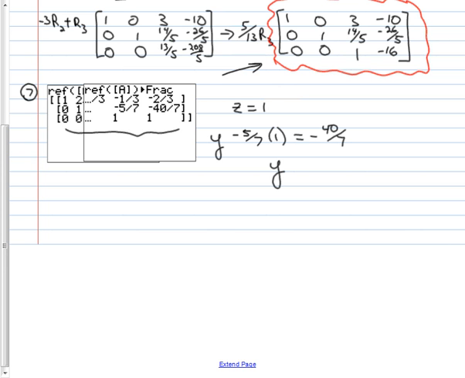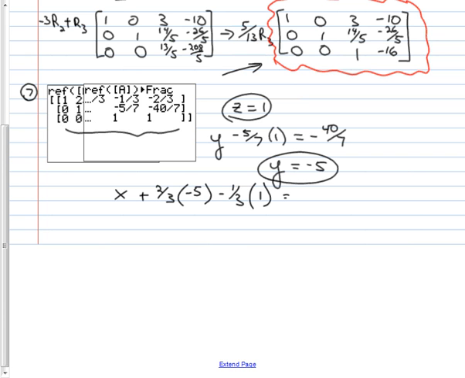Okay, so we can solve for y. We'll just add our 5/7, which would be negative 35/7, which is negative 5. And I can go back to the first line, 1x plus 2/3 times my negative 5 minus 1/3 times my 1 equals negative 2/3. Did I read that one right?